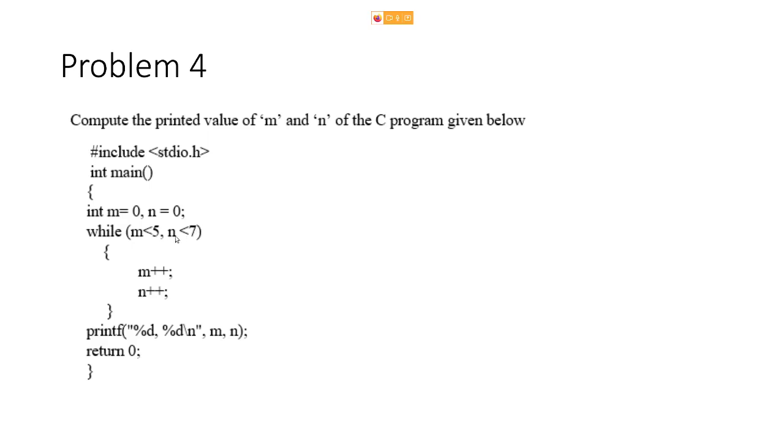If I write here n less than 3, then what will be the answer here? If n were not less than 7 but n was less than 3, then what will be the answer? 5. Okay, let's try that.